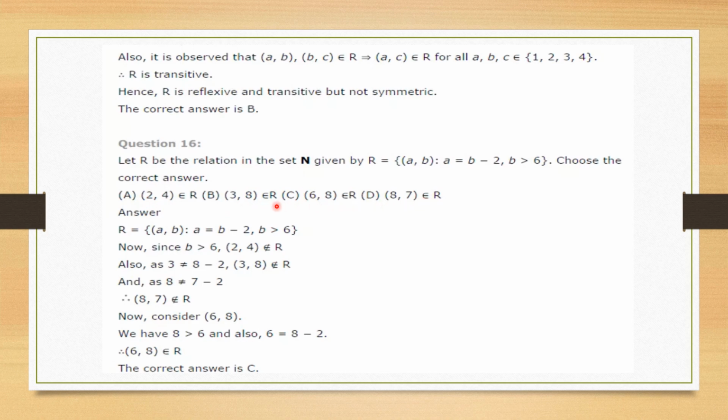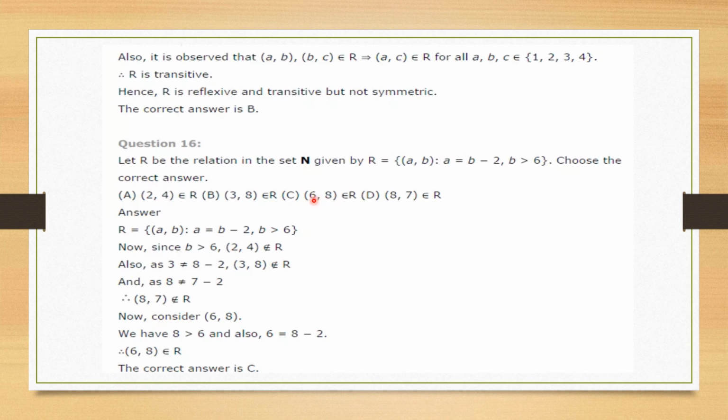From all these three, 8, 8, 7 are all greater than 6. So let us work out the other condition, that a is equal to b minus 2. For (8, 3), is 3 equal to 8 minus 2? No. So this is also not the answer.